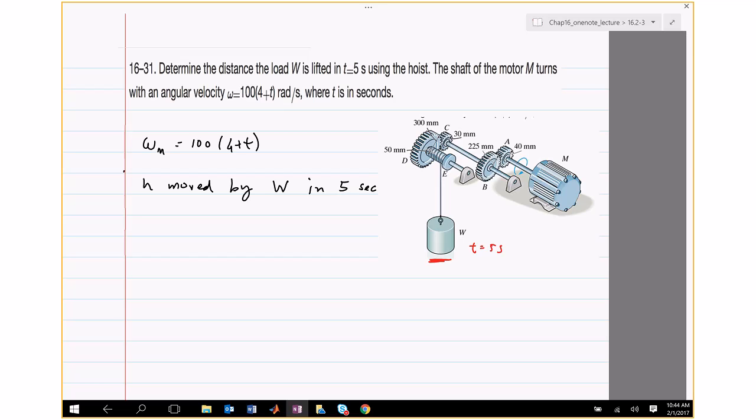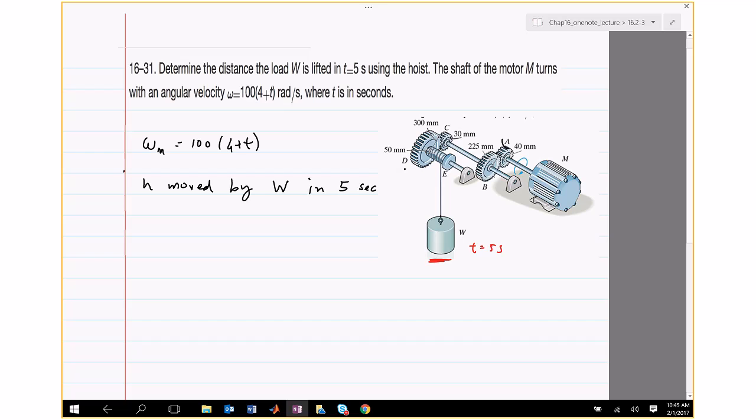So the way I'll solve this is, let's understand what's happening in this problem physically. When M turns, A turns. A is right here. That would cause B to turn, which will cause C to turn, then D to turn, and then E would turn. The moment E turns, all the string gets wound on the pulley. W would move up or down depending on the direction of M, right?